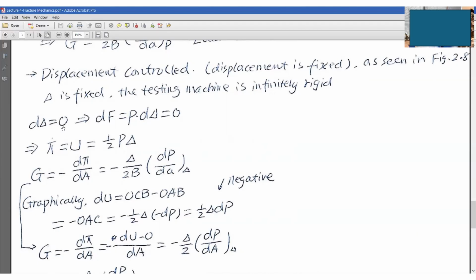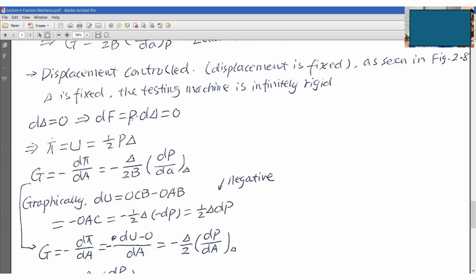It means that from crack length A to crack length A plus dA, no work has been done by the external force. Why? Because dF equals P d delta equals 0. This d delta equals 0 because delta is fixed, right?